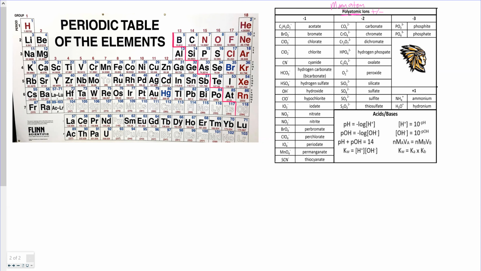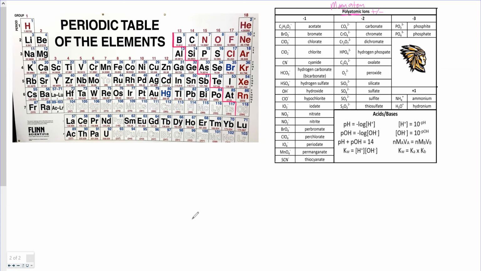So this is a list of polyatomic ions. Now, when I was in school, I just had to know these, but I'm really nice and I just gave them to you, okay? So they're on the back of your Chem Cruncher. Remember, your Chem Cruncher is in Schoology, as well as on OneNote, okay?